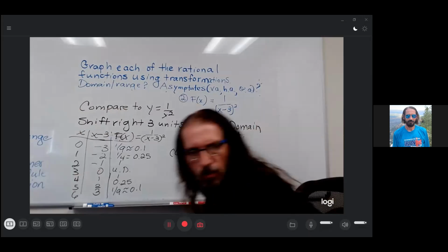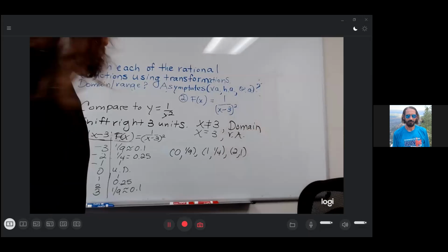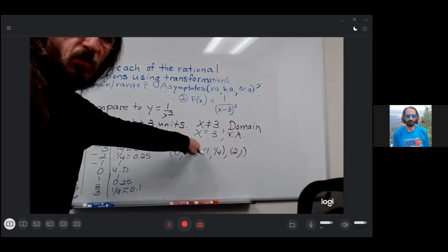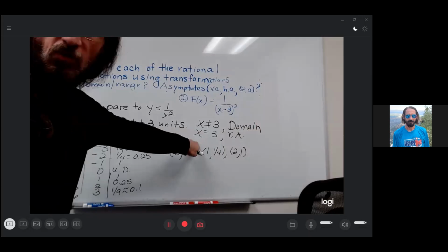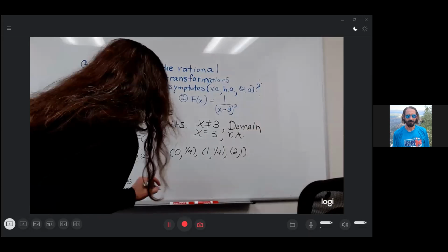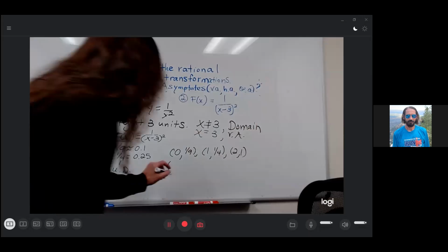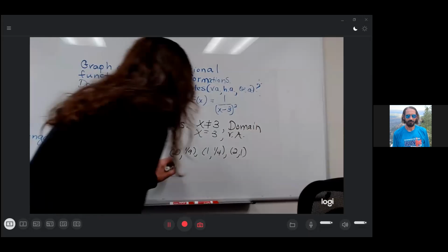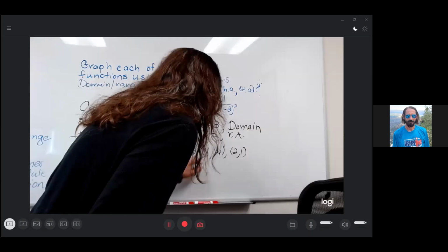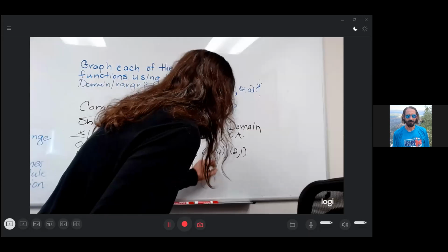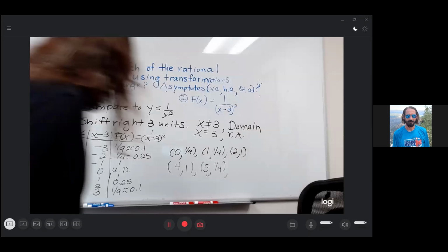That'll be one branch on the side of what I expect to be a vertical asymptote at x equals 3. And then on the other side of the vertical asymptote that I expect to see, plot 4, 1, 5, 1/4, and 6, 1/9.